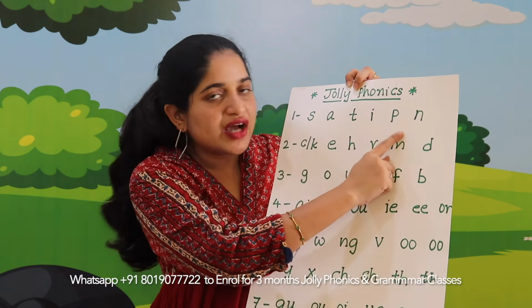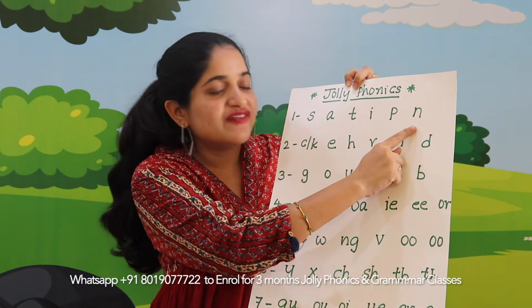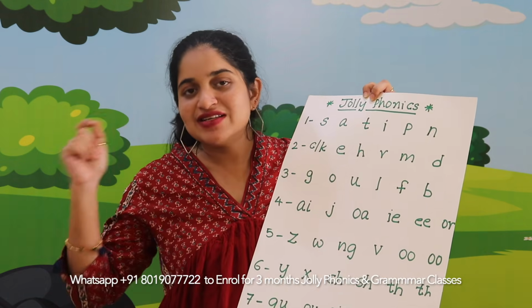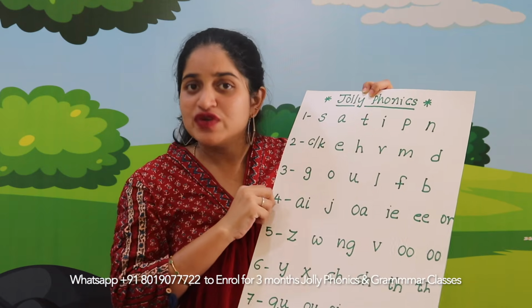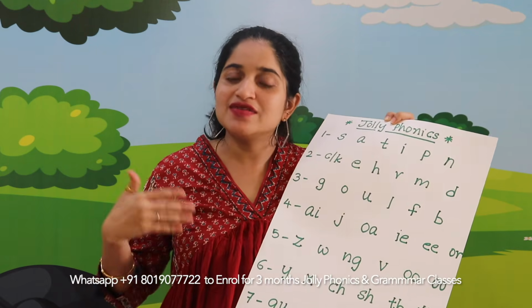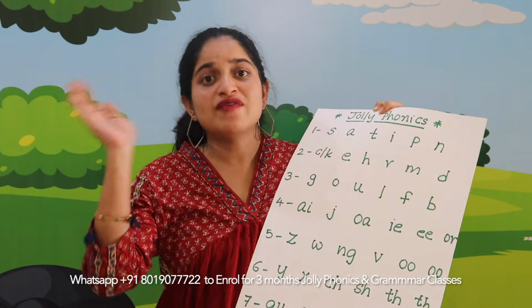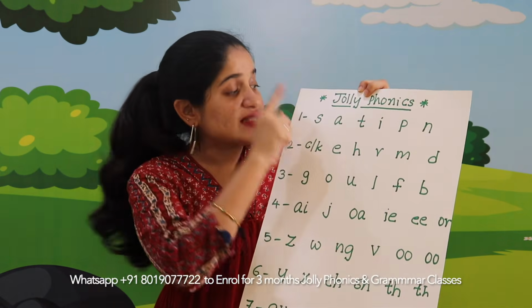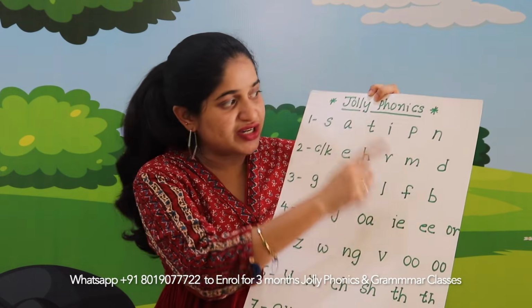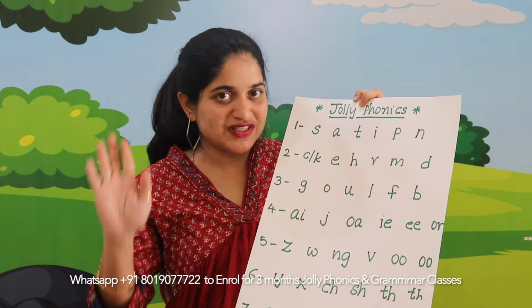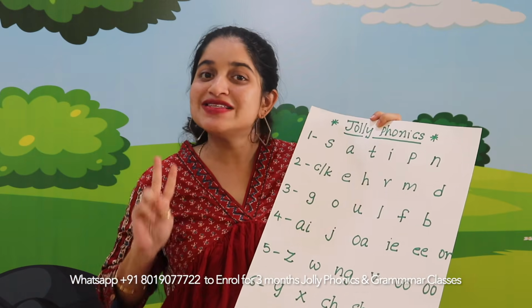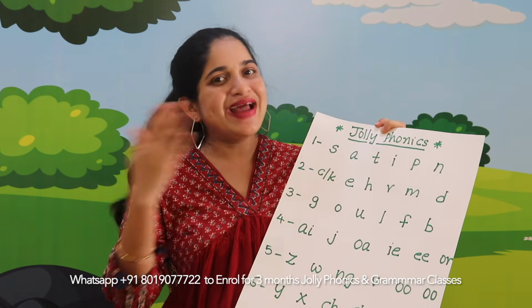Now, after we are done with the group 1 phonic sounds with action, we will teach kids the letter formation, which is nothing but how to write the letters. And for those kids who have already learned writing the letters, they have to learn the sounds of each and every single letter. After the first group of sounds is over, now the second step is to learn to blend.